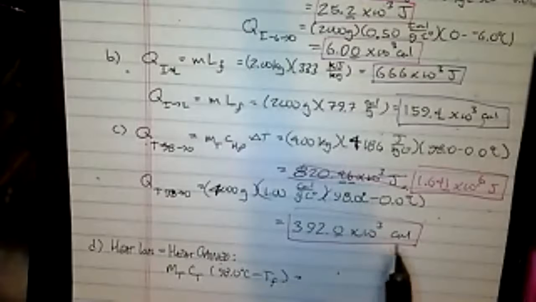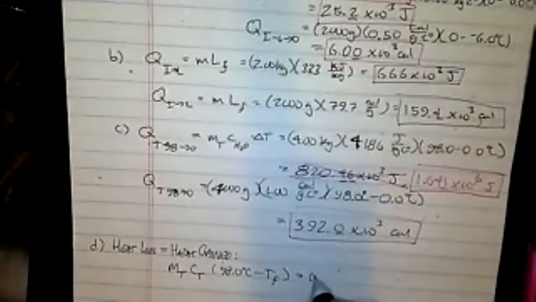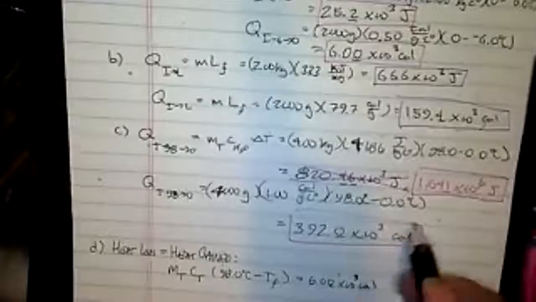The thing that's going to gain heat is the ice. And the ice is going to suck up, let's say, 6,000 calories, just because what we found earlier was 6,000 calories is what it's going to take to bring it from -6 degrees Celsius to 0 degrees Celsius.